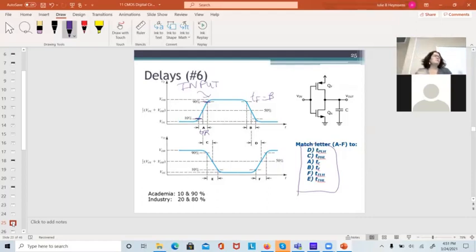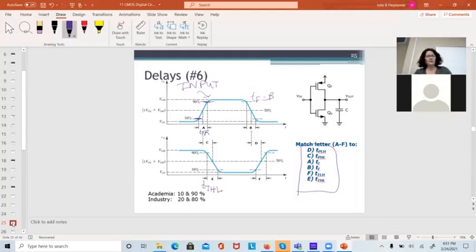Now we could do the rise and fall time on the output. Since this is an inverter, when the input's rising, the output's falling. My 90 to 10 on the output, we call that TTHL. And that stands for T transition high to low. And the only way I can keep these letters straight is by remembering the acronyms.